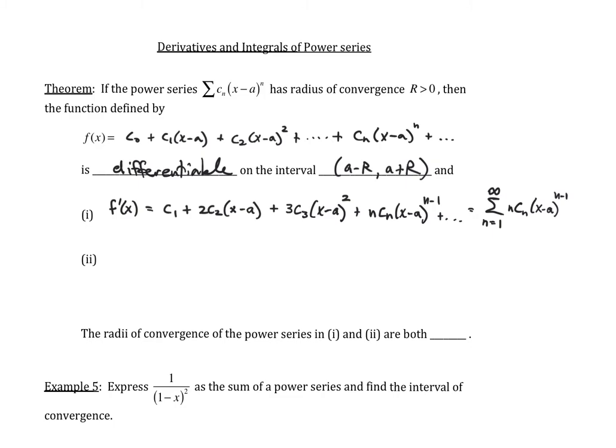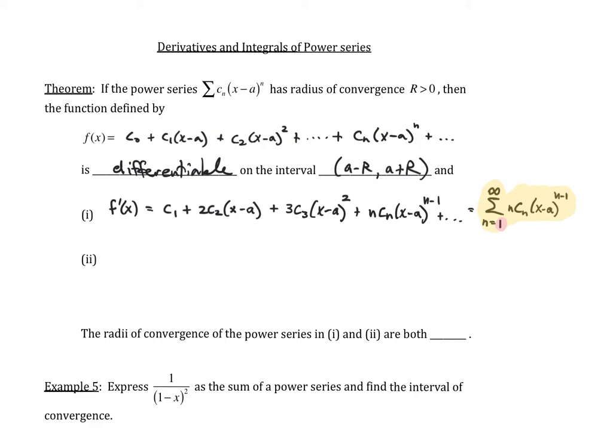Let me highlight that because this is one of the conclusions of our theorem. And I really want to draw special attention to the fact that this series starts at 1. Just make sure that the series starts at 1, because when you take the derivative, the constant term gets killed off. All right, cool.